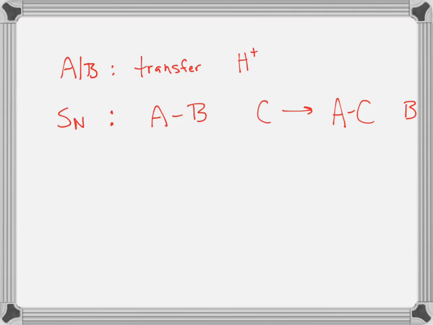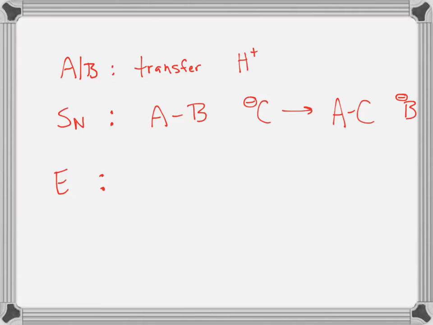Your nucleophile is characteristic of wanting a positive charge, so its charge is negative. So we can tag some more information in here, which then means your B is going to end up being negative as well.